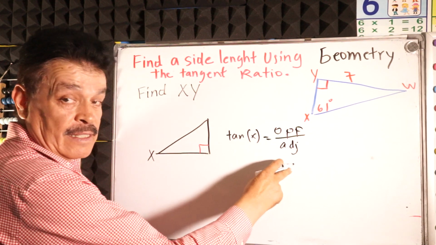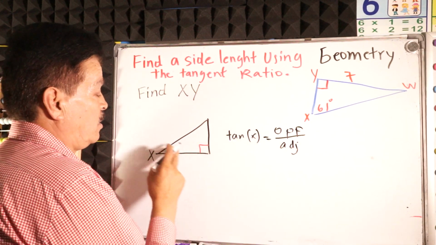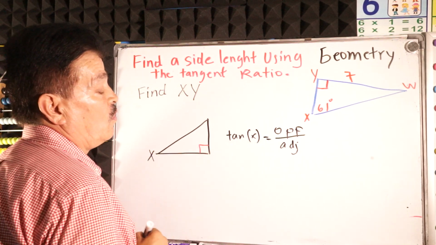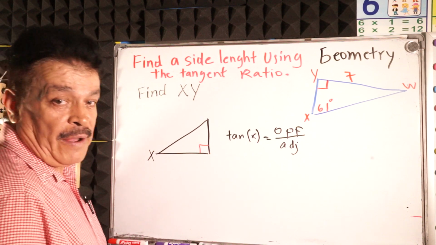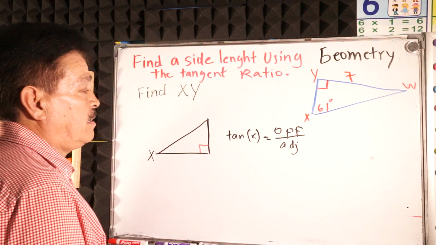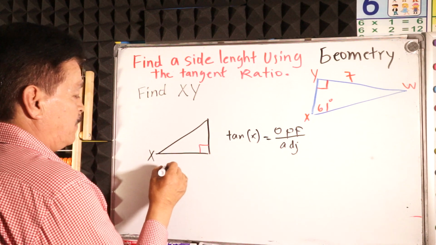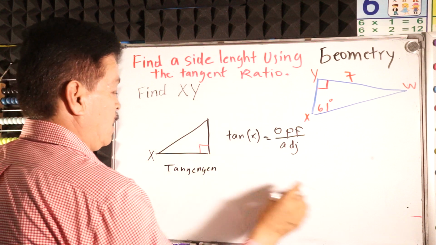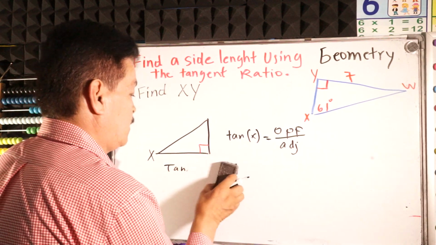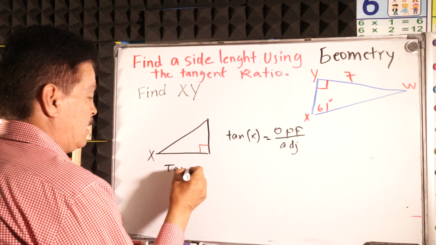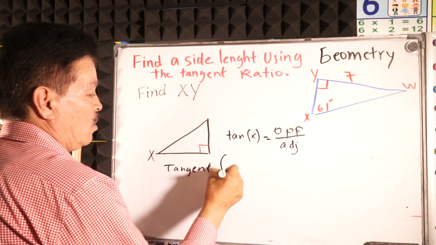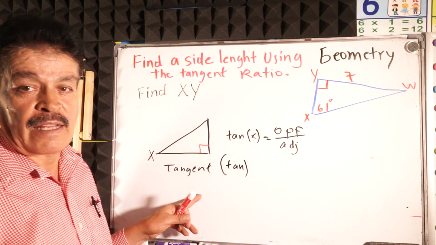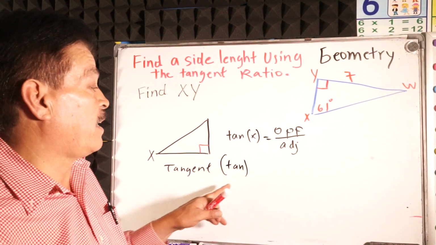What I mean is the legs, opposite leg and adjacent leg. Those let you find the tangent of x. You write tangent like this, tan. This is the concept of a right angle.